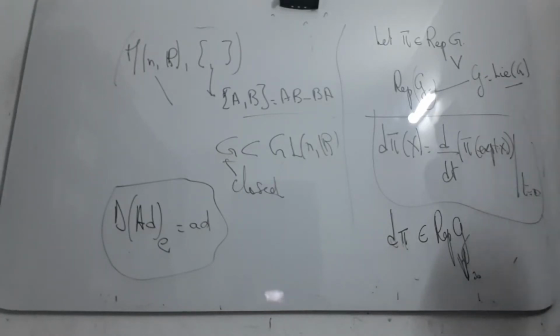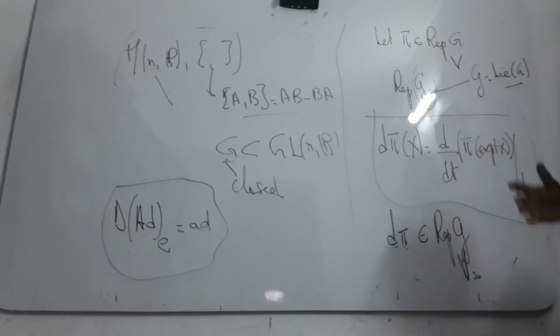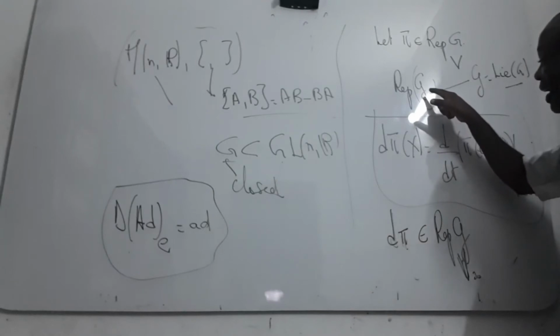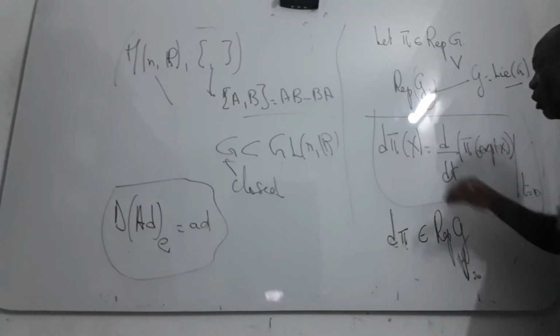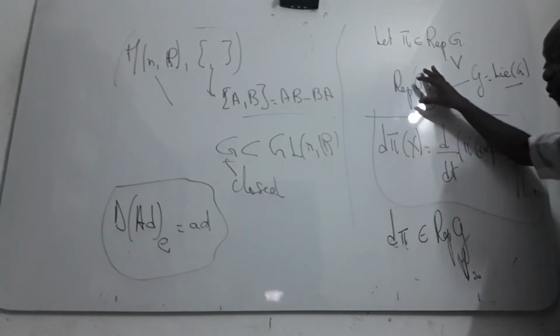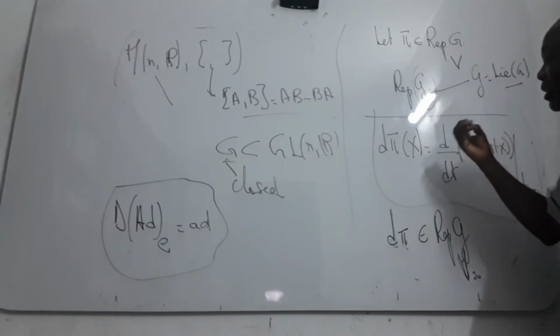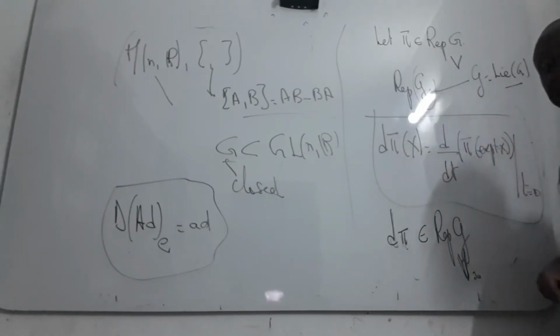It's very easy to prove this representation. It is very simple because here we have a linear algebra, so it's in the vector space. If you want to compute the representation of this Lie algebra, just compute the image by this representation of each element of the basis.